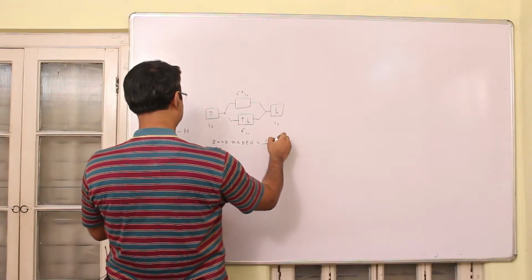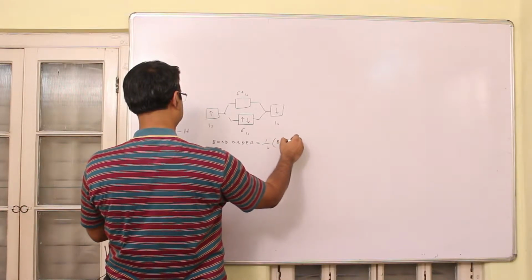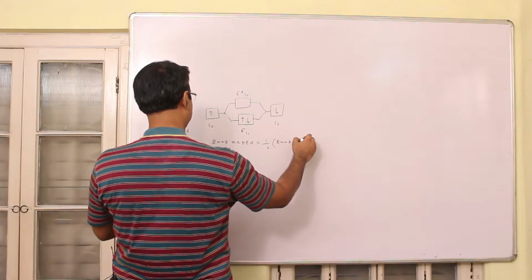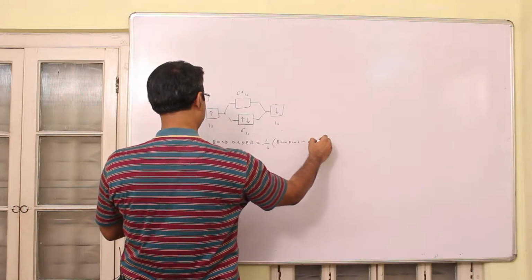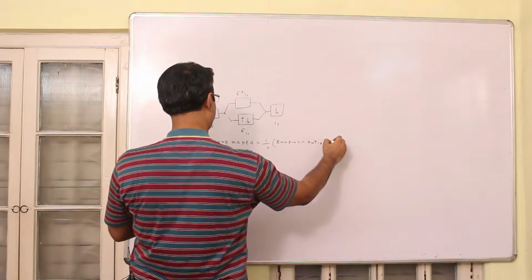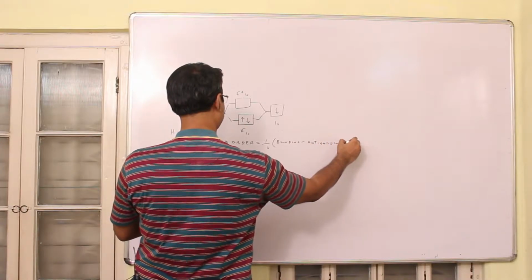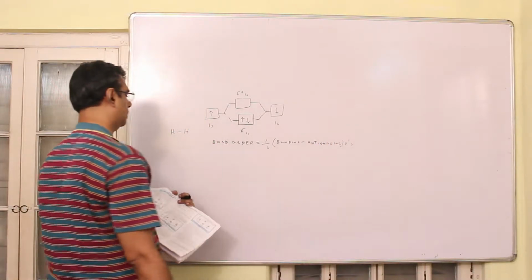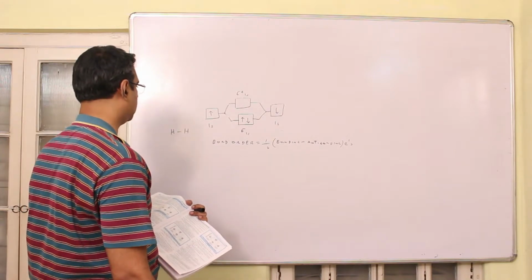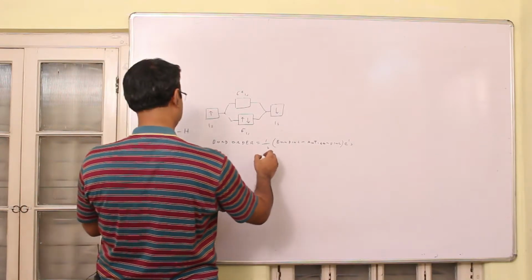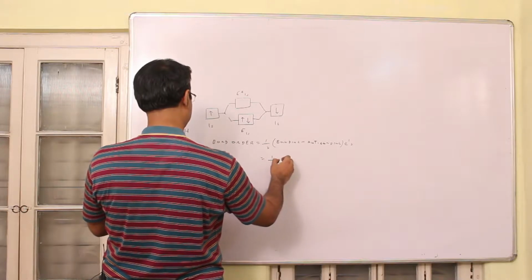It is half the difference between bonding electrons and antibonding electrons. So bond order, which is equal to the number of bonds, is half the difference between bonding electrons and antibonding electrons.